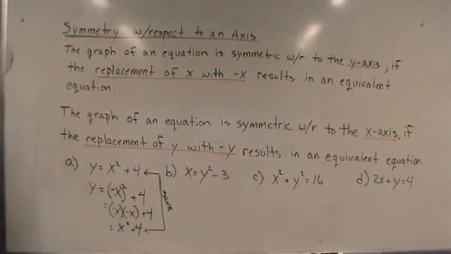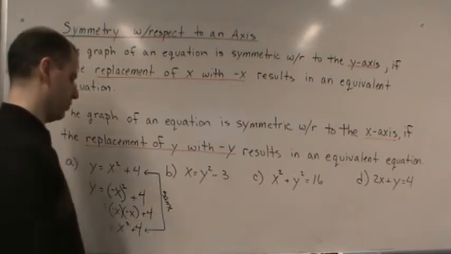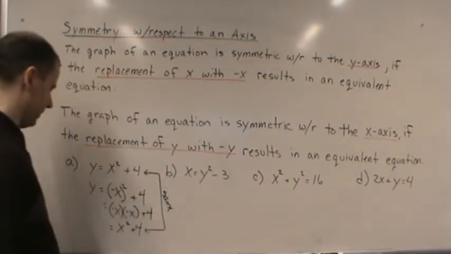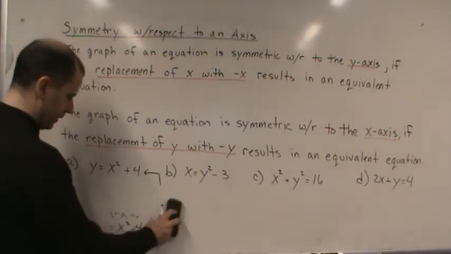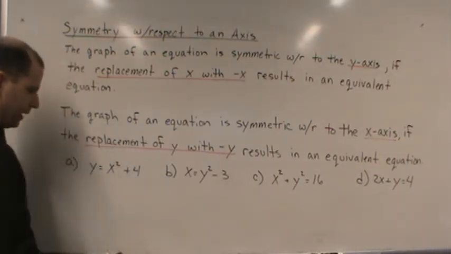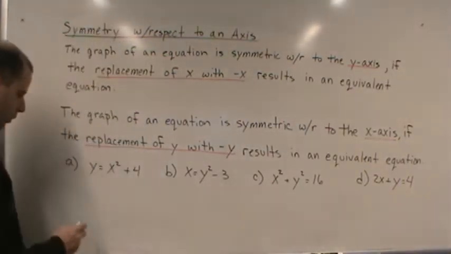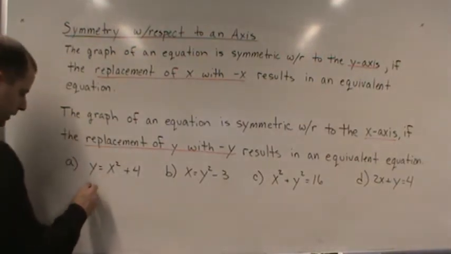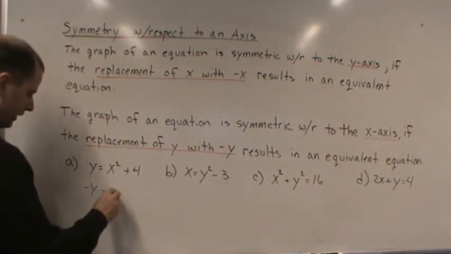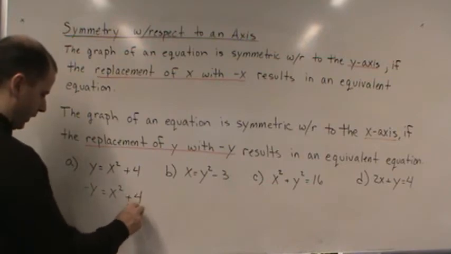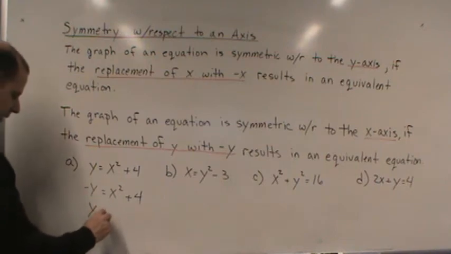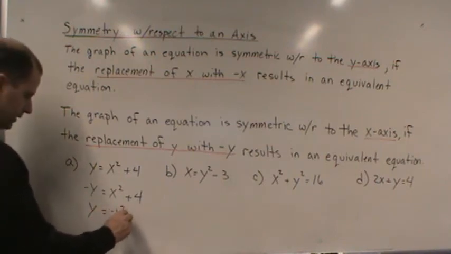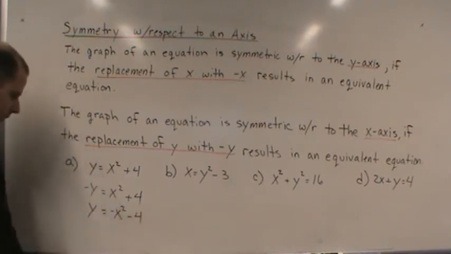So let's see if it's symmetric with respect to the x-axis. Let's erase this and do the same thing, but this time I'm going to replace y with negative y. So negative y equals x squared plus 4. Now if I solve this and multiply everything by negative 1, I get y equals negative x squared minus 4.